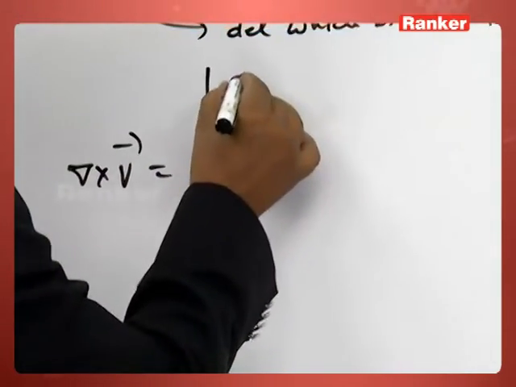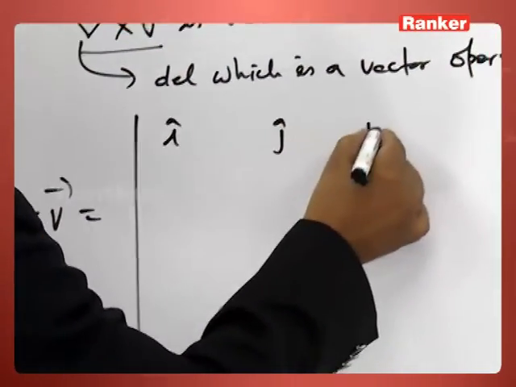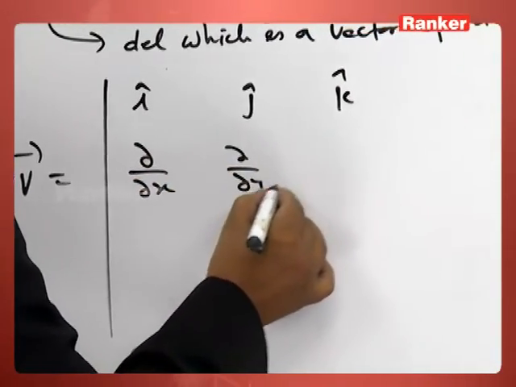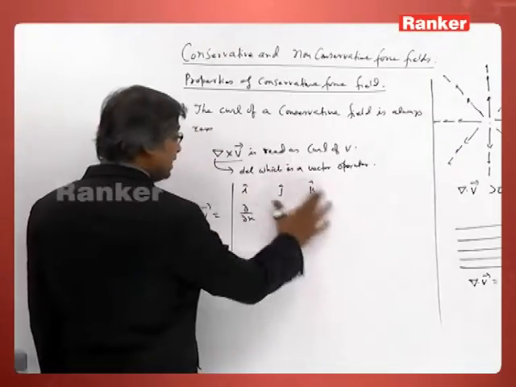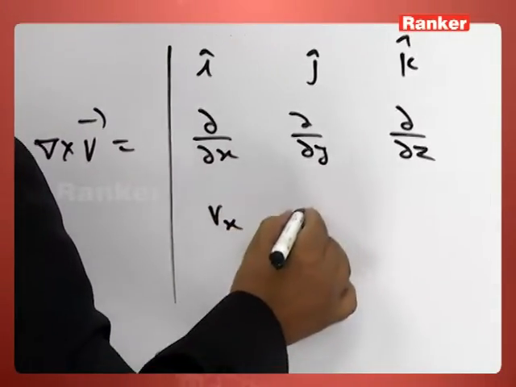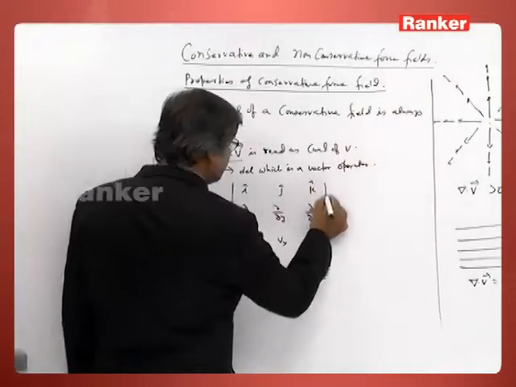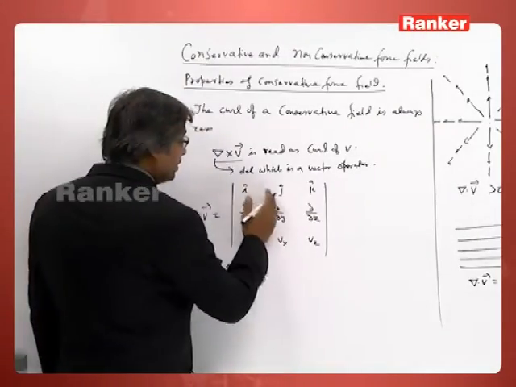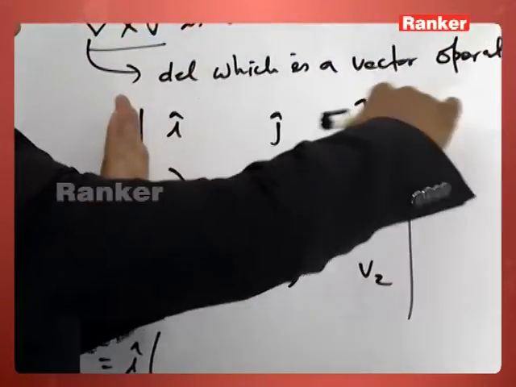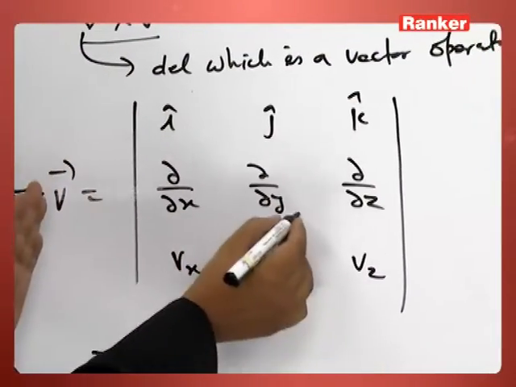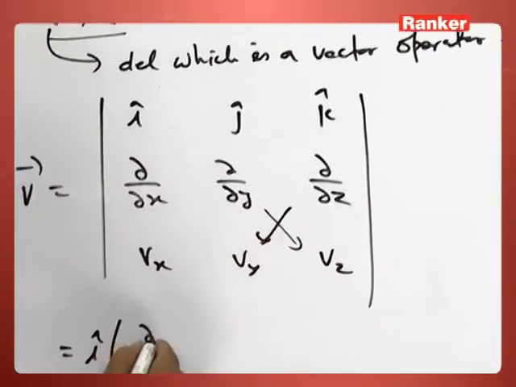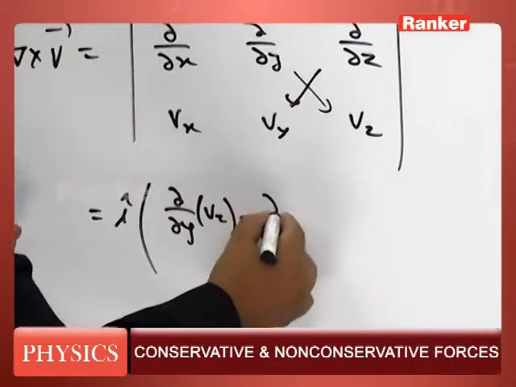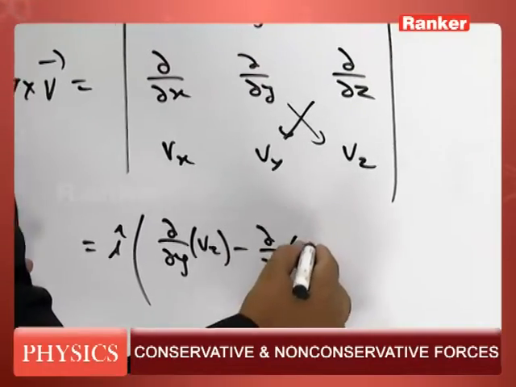This is in determinant form: i, j, k; dou by dou x, dou by dou y, dou by dou z; and if expressed in Cartesian coordinates, Vx, Vy and Vz. So it can be written as i times dou by dou y of Vz minus dou by dou z of Vy.